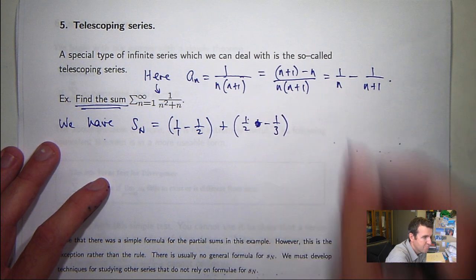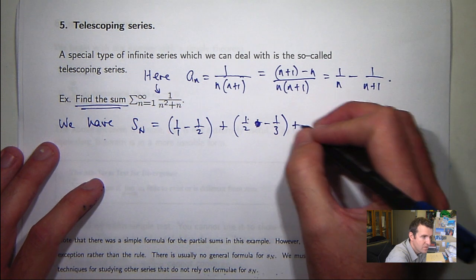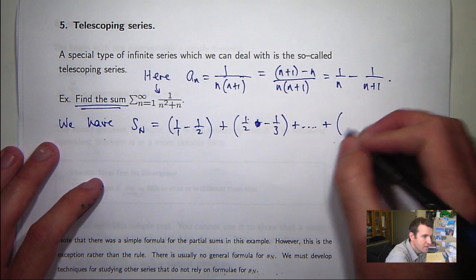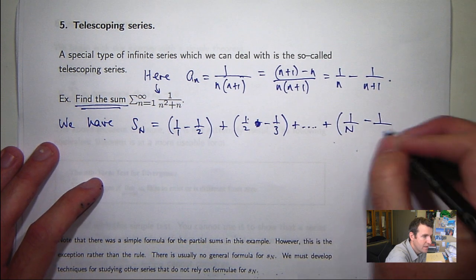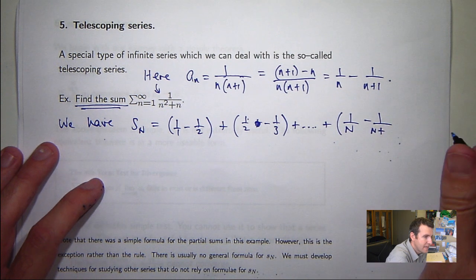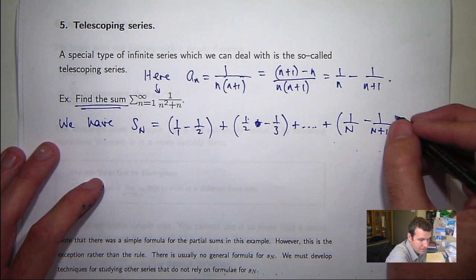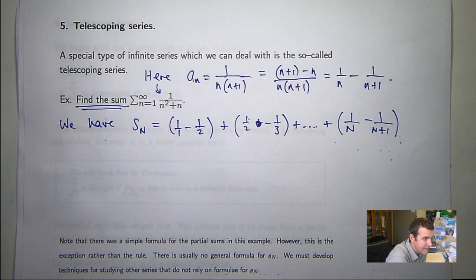And I add to that a sub 2. So that's 1 on 2 minus 1 on 3. And let's add to that if we just keep on adding up to N, I'll get the following.